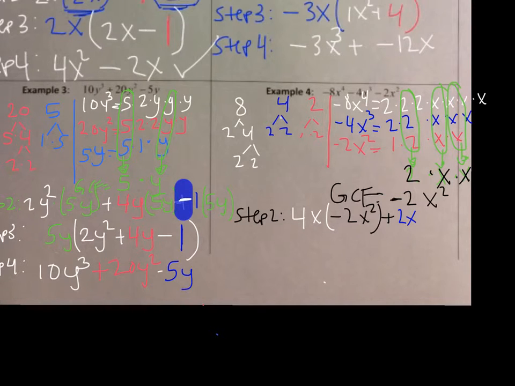And we are going to multiply that with our greatest common factor, which is negative 2x squared.